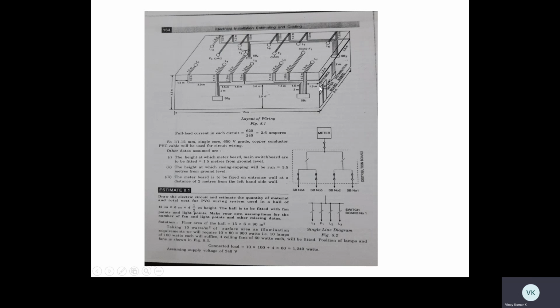The wastage of about 15% is normally taken. Always remember 15% for conduits and 10% for cables is calculated as wastage. So 15% of 84.2 is 12.63. Add 84.2 with 12.6, that is 96.83 meters.